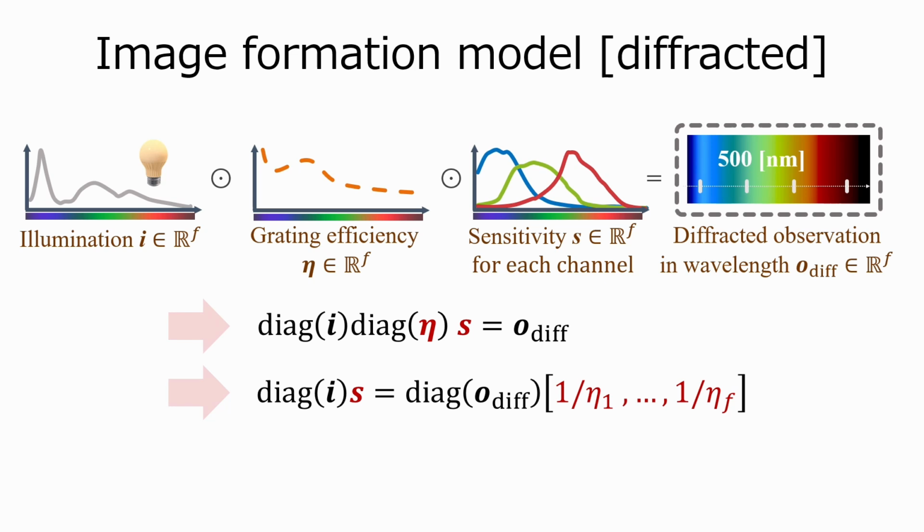Here, assuming that all efficiency values are positive, meaning that each wavelength is attenuated to some extent, but none is completely blocked, the efficiency of the diffraction grating, denoted as eta here, can be moved to the right-hand side of the equation as its reciprocal.